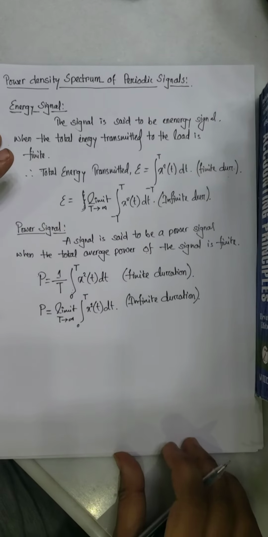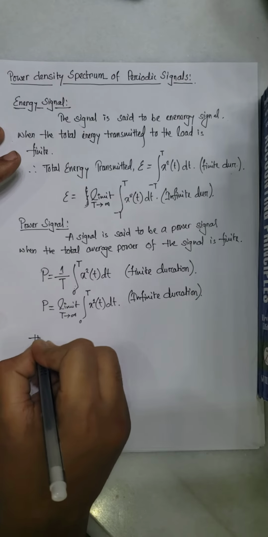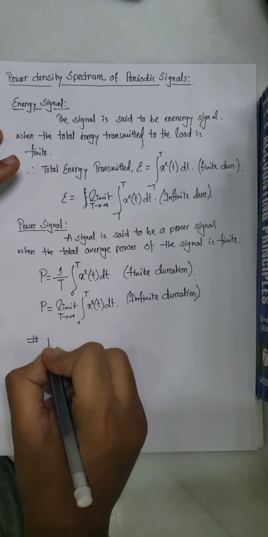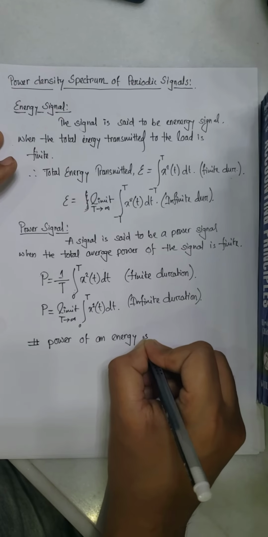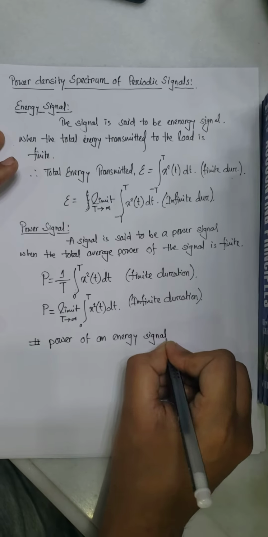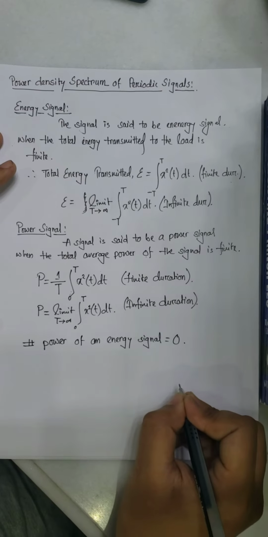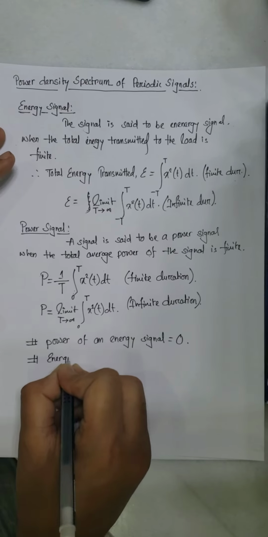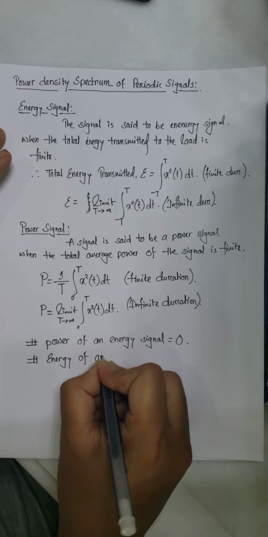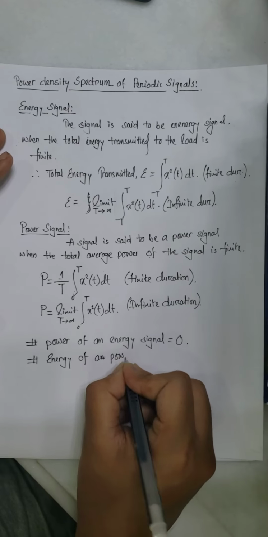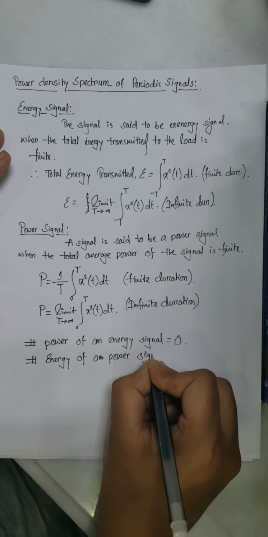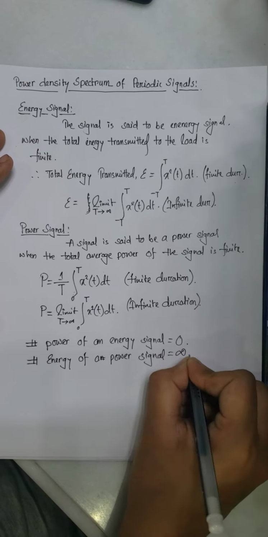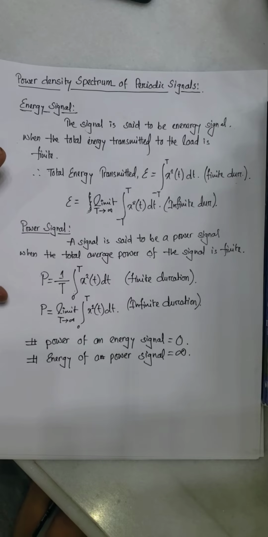From that, let us go to two assumptions, that is the power of an energy signal is always 0 and the energy of a power signal will always be infinite. Hope that is clear.